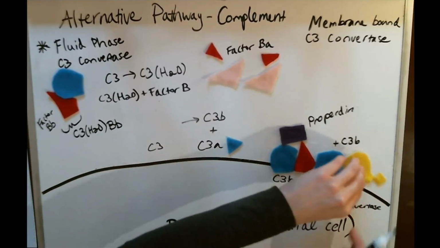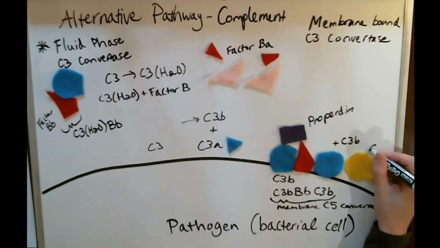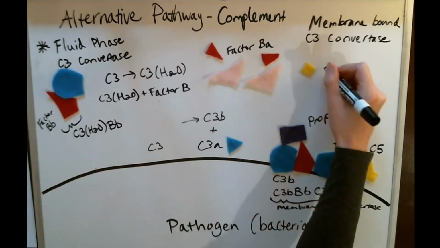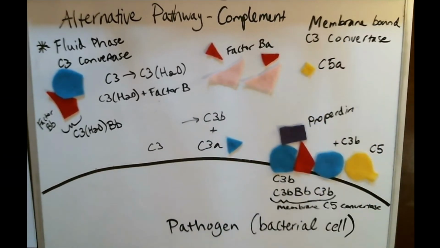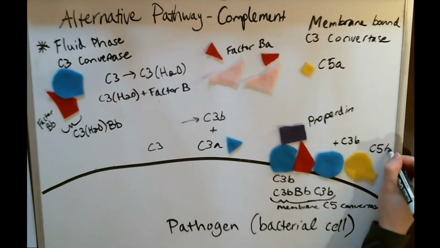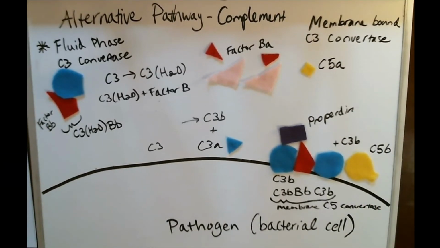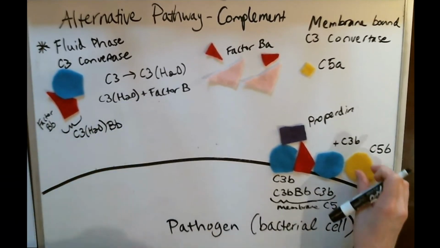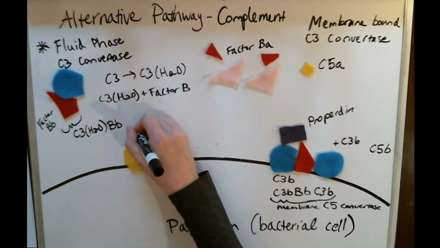Running out of room here, but basically that's going to act upon C5. We're going to generate C5a, which is one of those inflammatory mediators. And then we're left with C5b at the membrane. Okay, and then once we have C5b, I'm just going to move that over here in a different region of the membrane so we have space still.